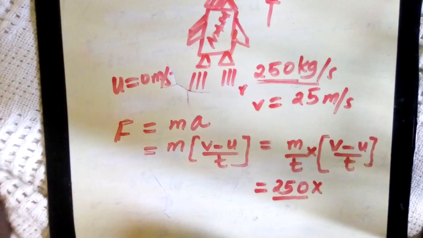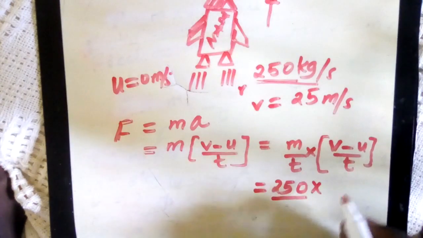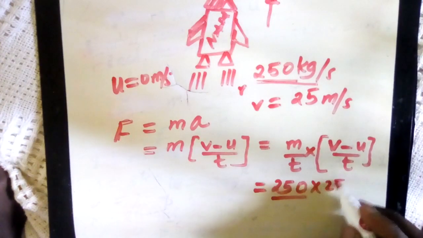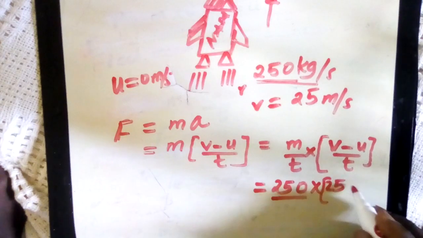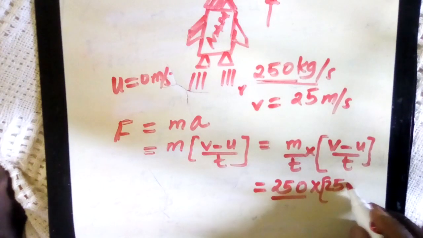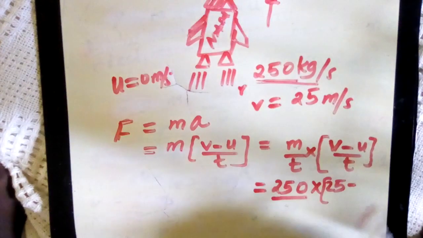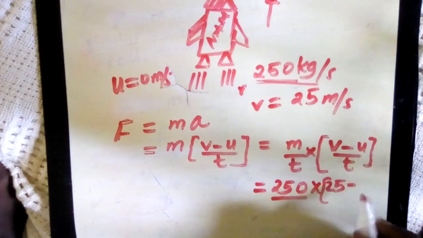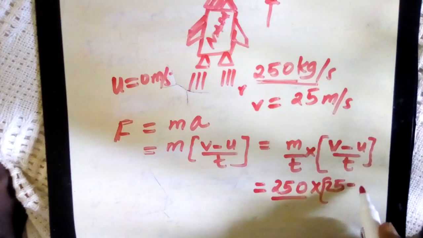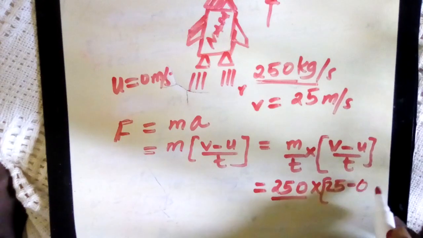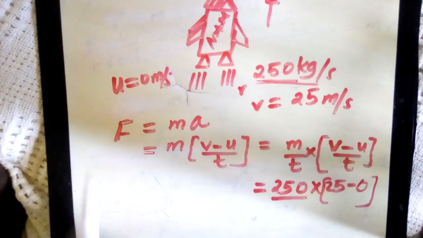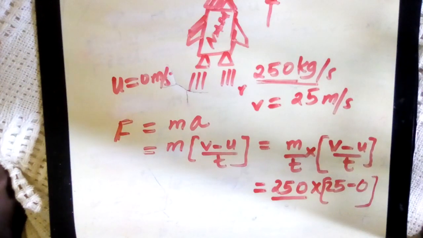We have the final velocity being 25, minus the initial velocity. The initial velocity u is definitely 0, because this rocket starts from rest.